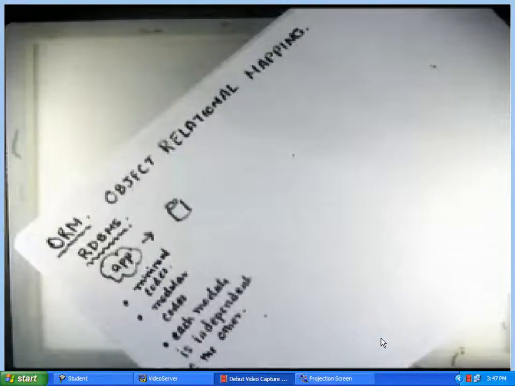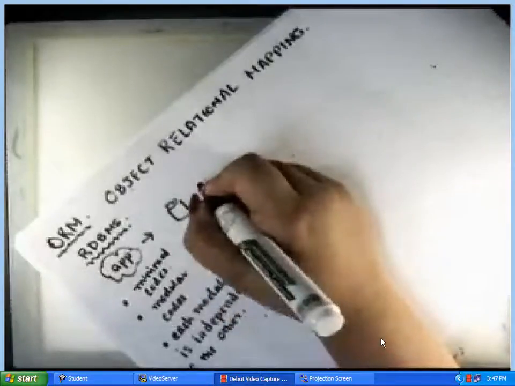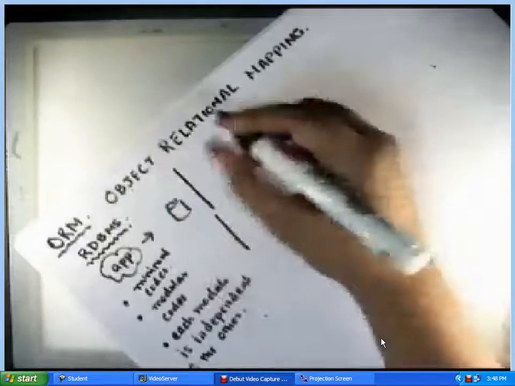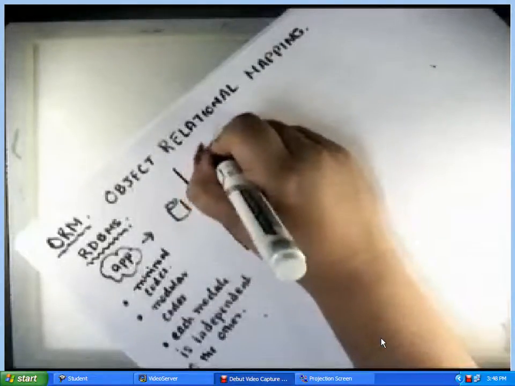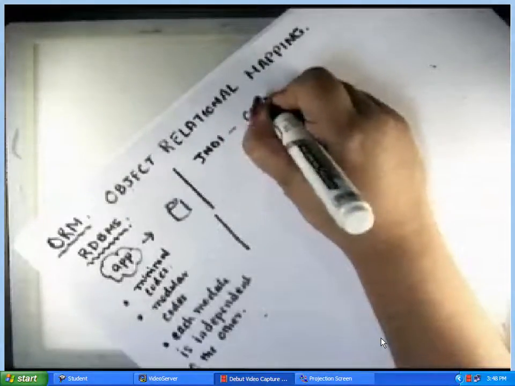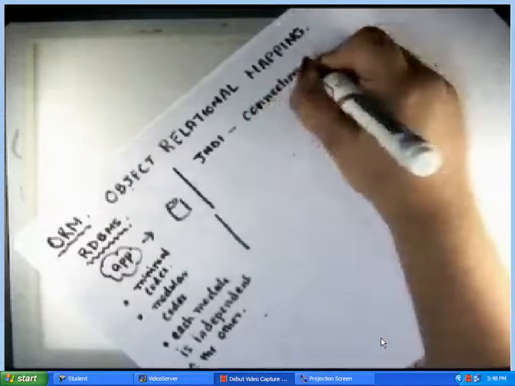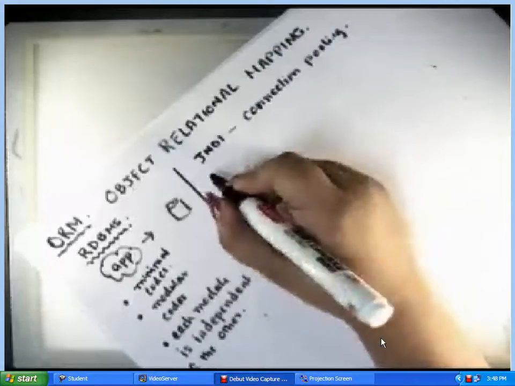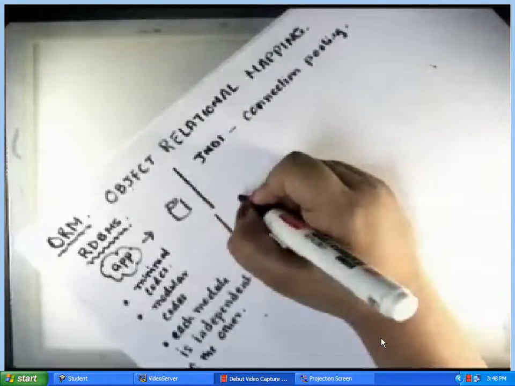What it says is that an application based on, say, JNDI is handling the connection pooling, but still we have to write some lengthy lines of code.